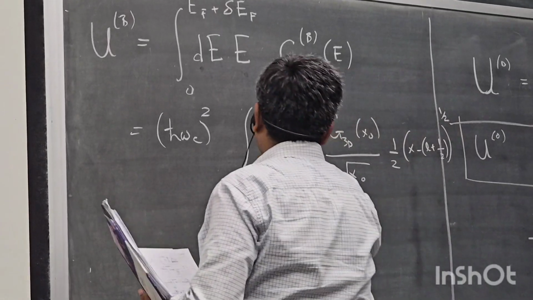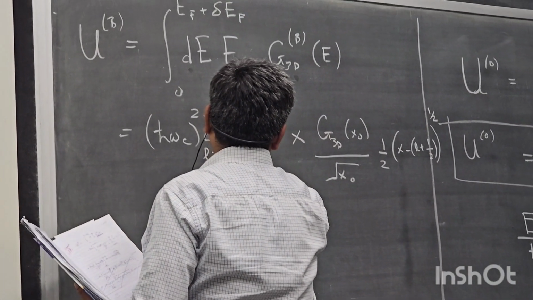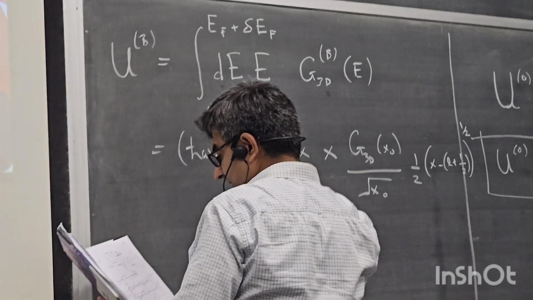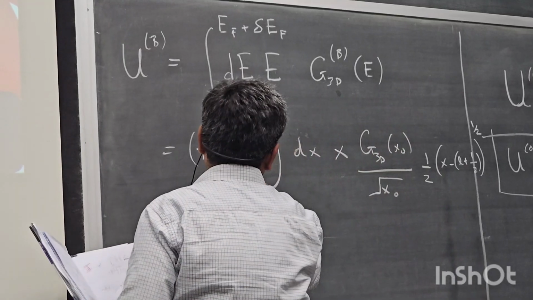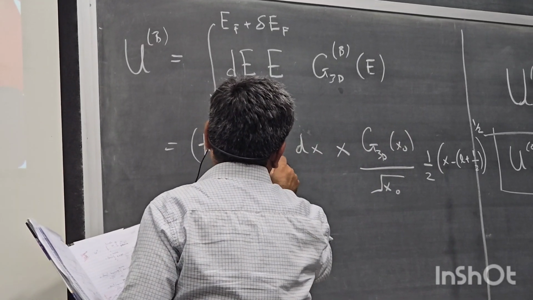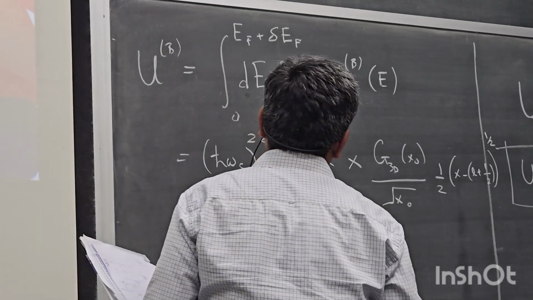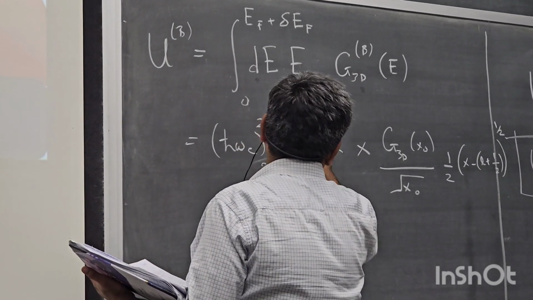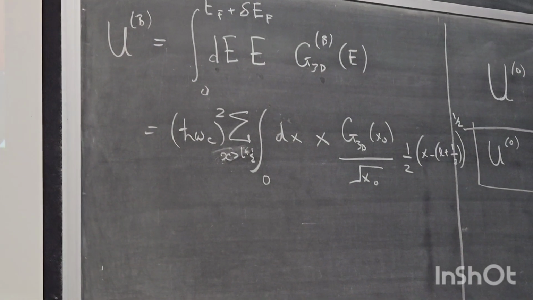where we would like to take the sum over all L's, where x must be greater than L plus half, or you can apply the Heaviside function. And the integration goes from 0 to, what should I place at the upper limit of the integral?